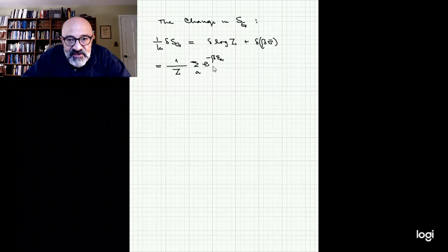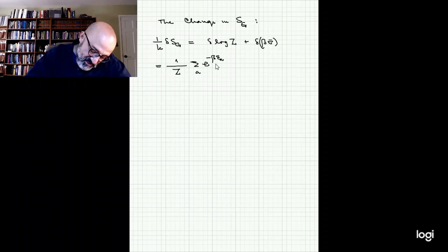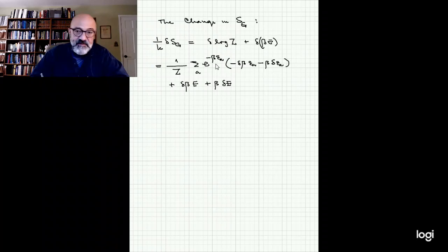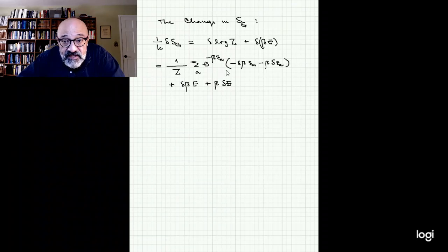So now we want to figure out the change in this object here. The change in the exponential is the exponential itself multiplied by minus delta beta E_A minus beta delta E_A, plus delta beta E plus beta delta E. When we look at this expression, here we have a constant delta beta that we can pull out, and here we have the exponential divided by Z, that's a probability.